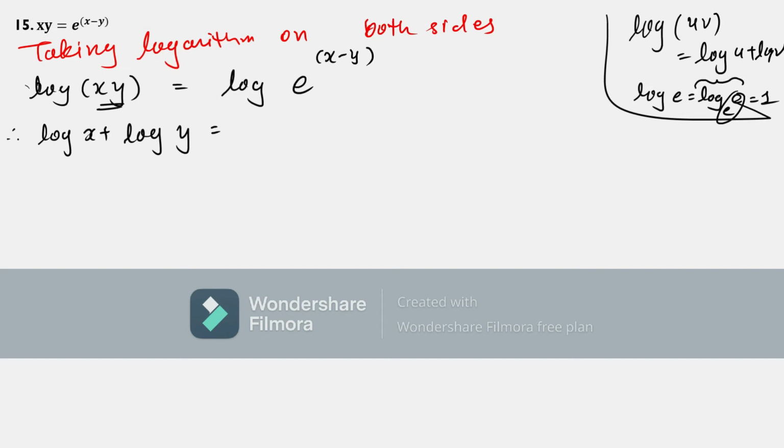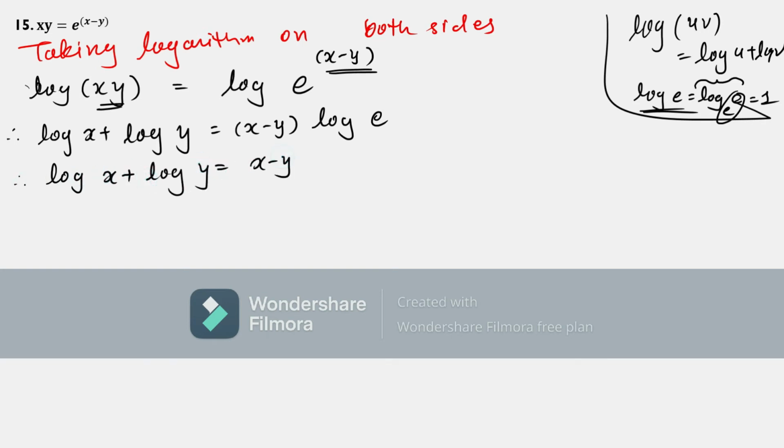But it is not only 1, it has a power, no? So we have to deal with the power first of all. Whenever we take log, the power will always be multiplied. So log of e as it is, and log e is 1. Just now I explained to you log e is 1. So that means log x plus log y is equal to x minus y, since log e is equal to 1, and that needs to be mentioned in the bracket.